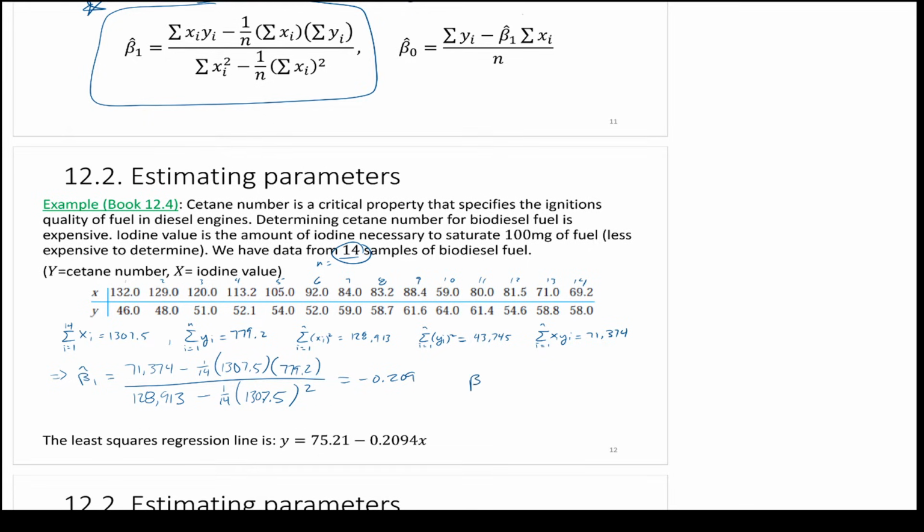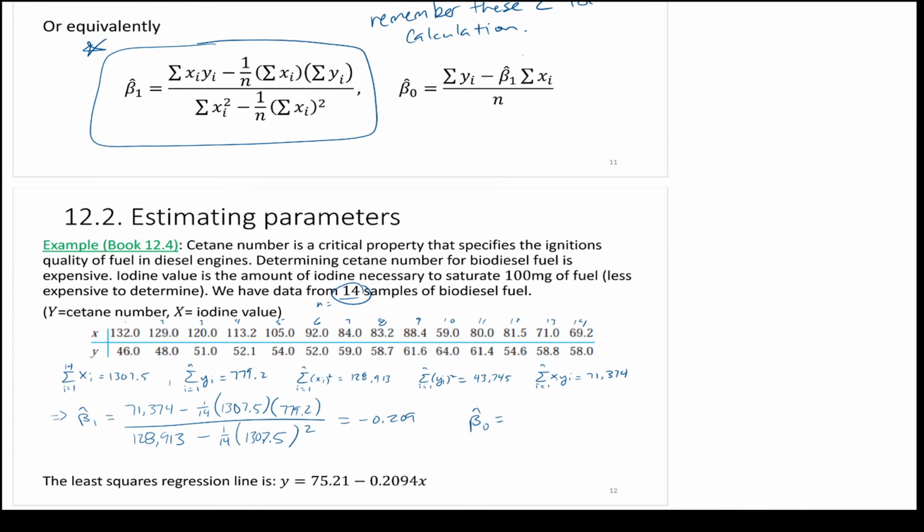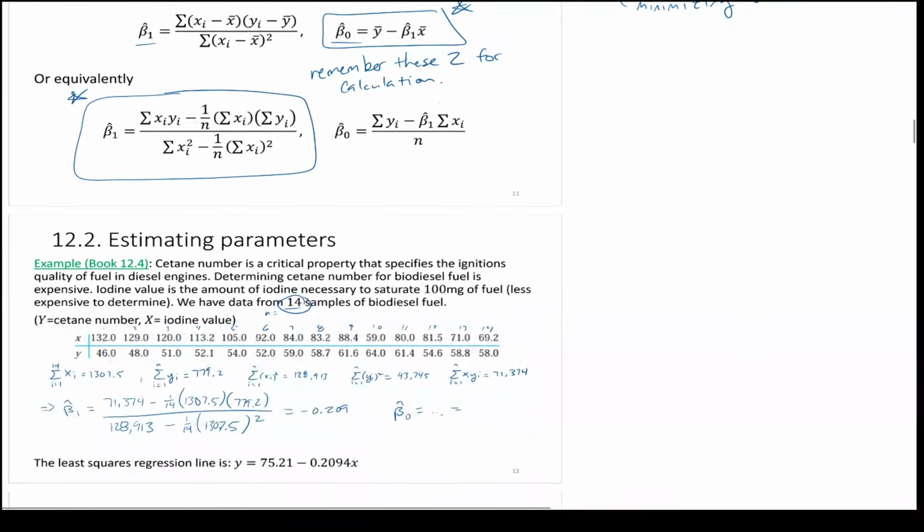And then beta 0 hat is, let's get the calculation. You just calculate y bar, that's the sum of y over n, minus beta 1 times x bar, which is negative 0.2094 times the summation of x over 14, which would be 1307.5 over 14.